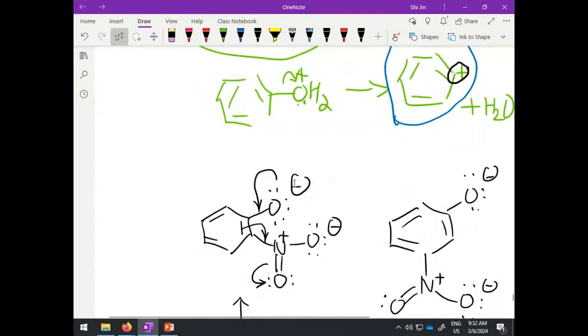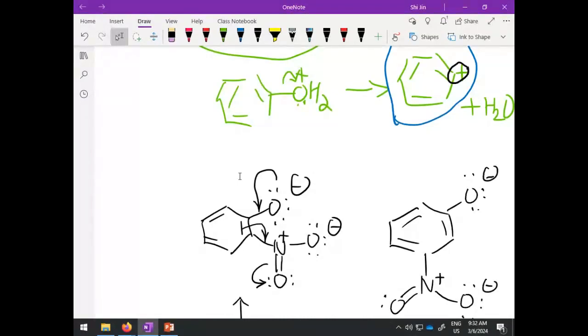So if in the ortho or para version the negative charge can be more efficiently delocalized, that will make the ortho or para version of the phenoxide more stable, less basic.